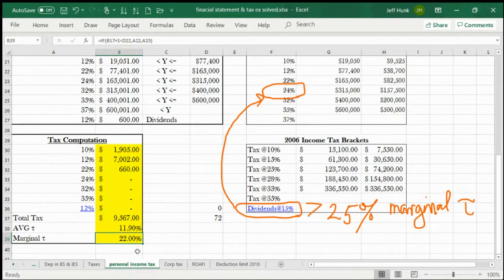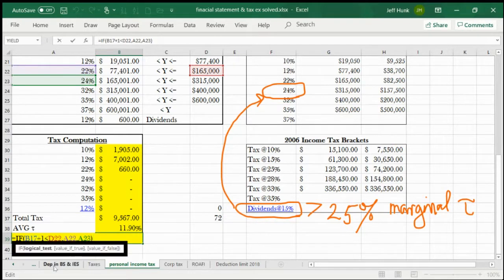Next question. We know what the marginal tax rate is. Marginal tax rate, we do the same thing. B17, we try adding just one more dollar to B17.